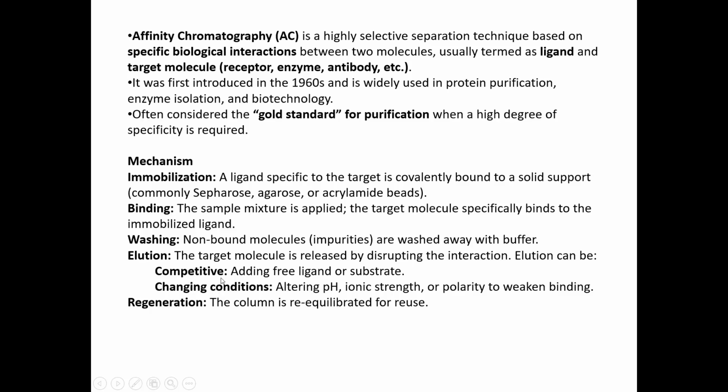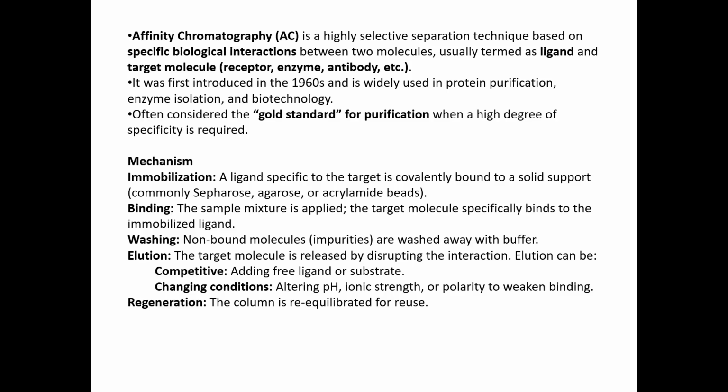So it could be a competitive replacement, and then your protein of interest will elute out. Then you can also change the conditions, like you can alter the pH, you can change the ionic strength of the buffer, or you can play around with the polarity of the groups, and this will help weaken the binding. Then you need to regenerate your column.